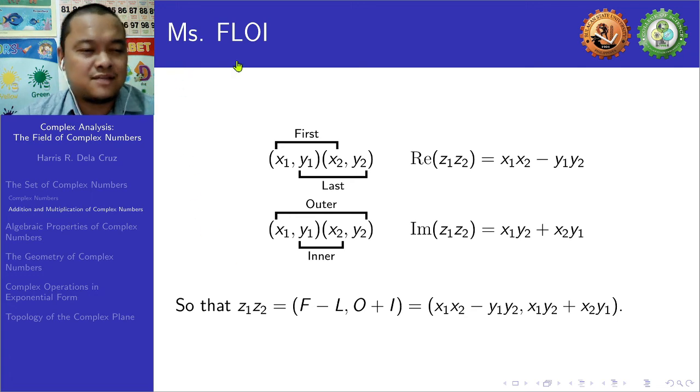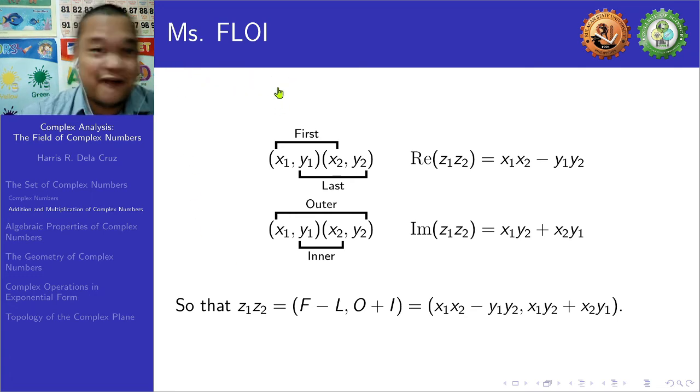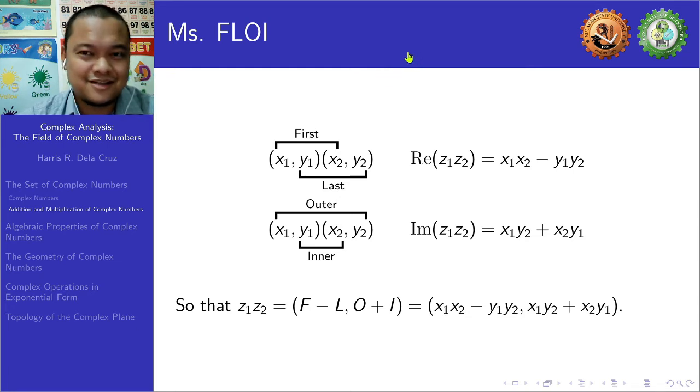So again, that's Miss Floyd for you. That's actually the wife of Mr. Foil when we're doing the binomial expansion or product of two binomials in high school algebra. Again, that's first minus last, comma, outer plus inner, Floyd.